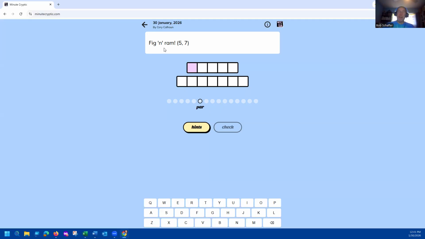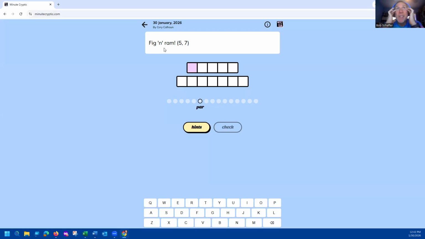It's GIF backwards, which doesn't really do much. N in quotes is usually and, but perhaps those quote marks are doing a lot of work. Apostrophes. I don't want to ignore anything when we need so many letters.